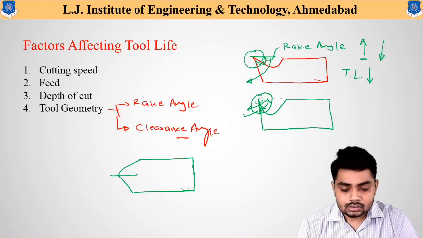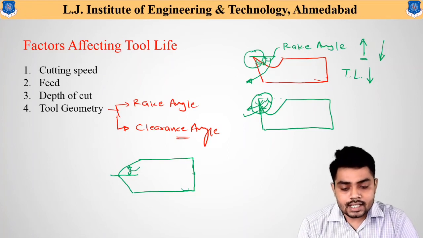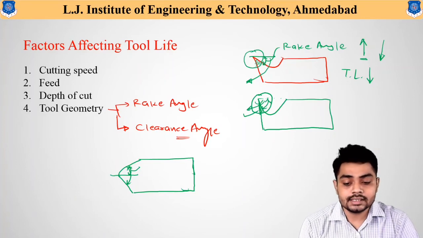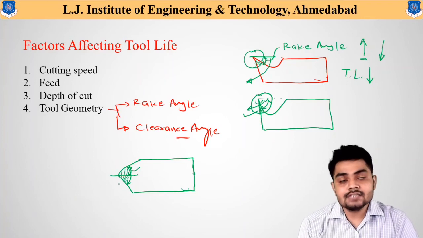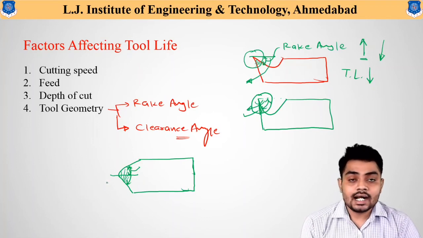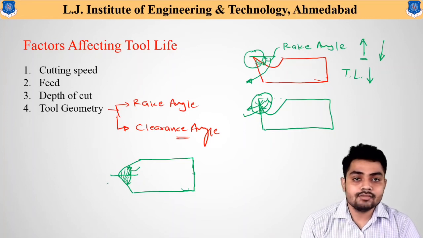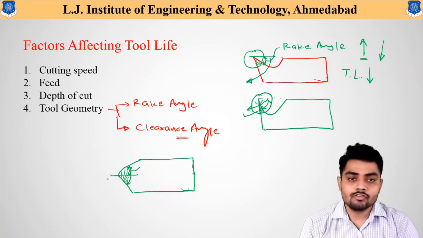Here this is the negative rake angle, and the area available at this tip is comparatively very large, so it can sustain very large forces and power during machining. That means if very hard and brittle materials are present, this negative rake angle is helpful to remove the material from the workpiece.